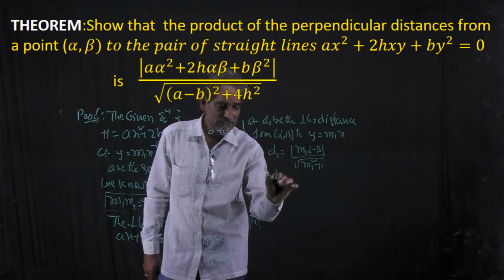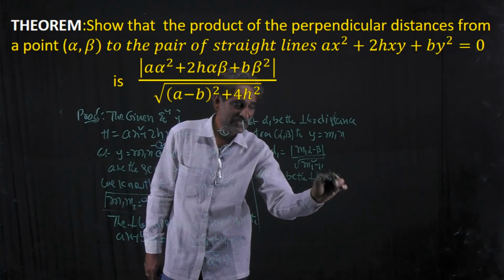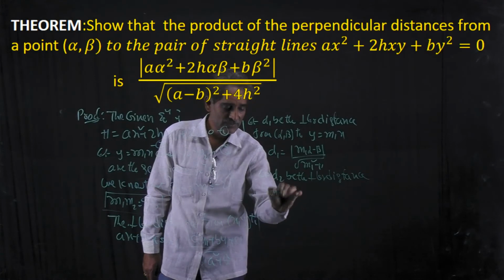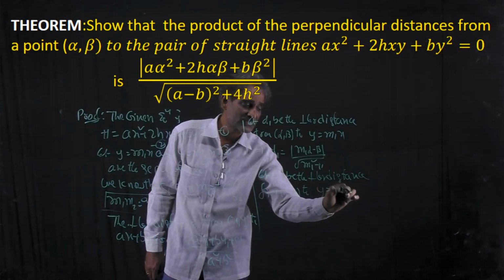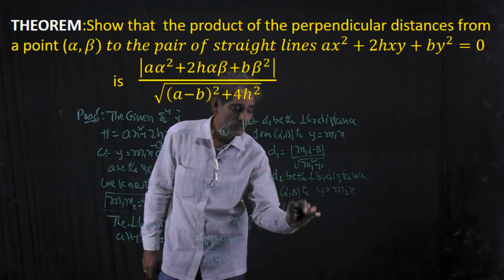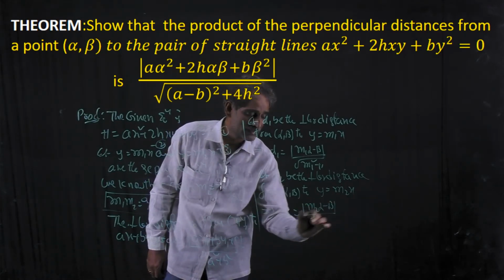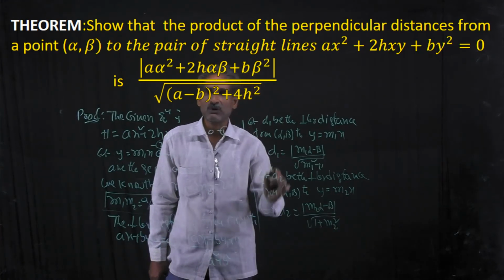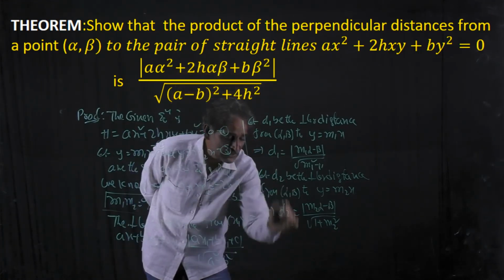Let d2 be the perpendicular distance from (α, β) to y = m2x. Therefore, d2 = |m2α − β| / √(1 + m2²). So we have to find the product of these two lengths, d1 d2.